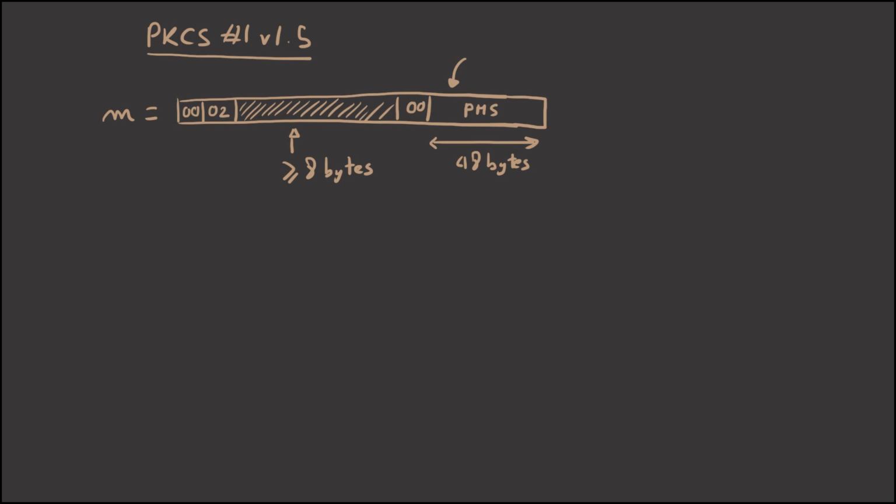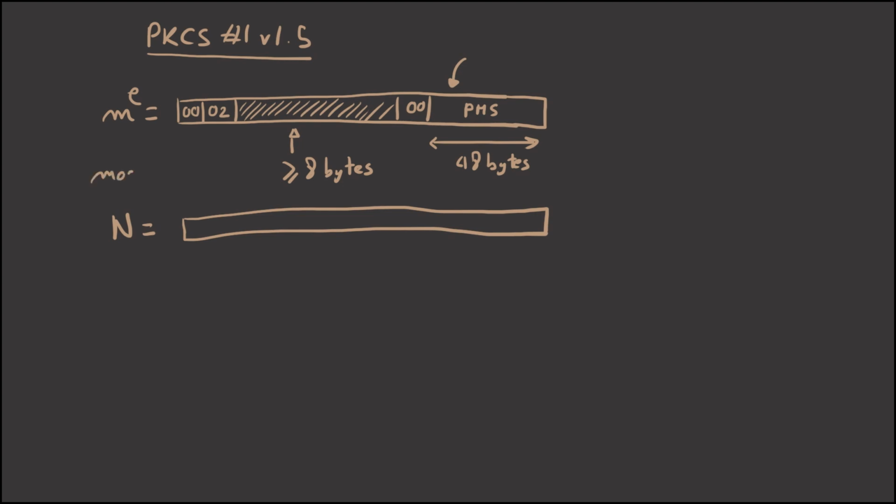So we have this padded message, and it's the exact same size as the modulus n, right? Because we work modulo n. We raise the message to the power e when we want to encrypt it, mod n. So that's why we are the same size.